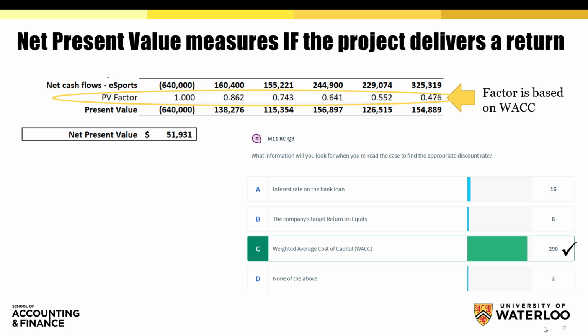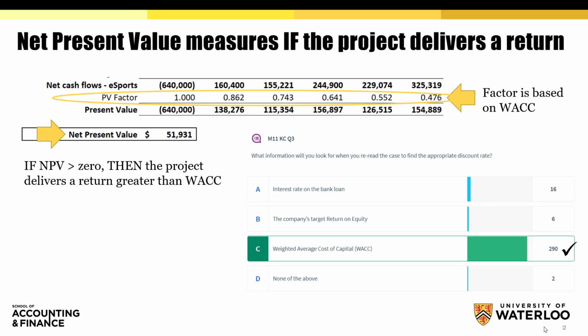When we calculate net present value, we're basically summing up the present value of those cash flows for the 5 years and time 0 to get the $51,000 or $52,000 net present value. Now, what does that tell us? If net present value is greater than 0, then the project over the 5 years delivers a return that is greater than the weighted average cost of capital.